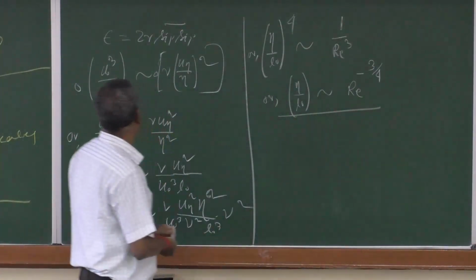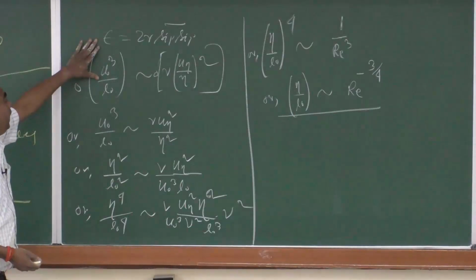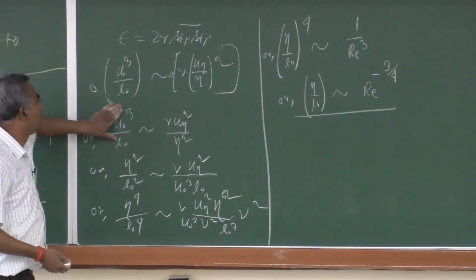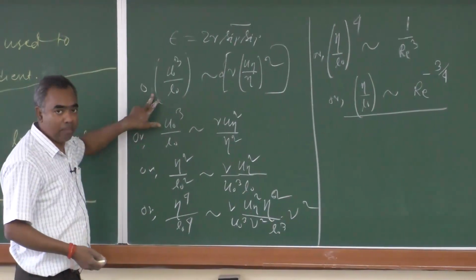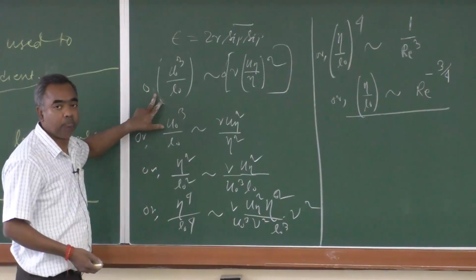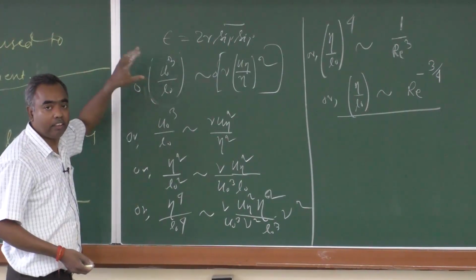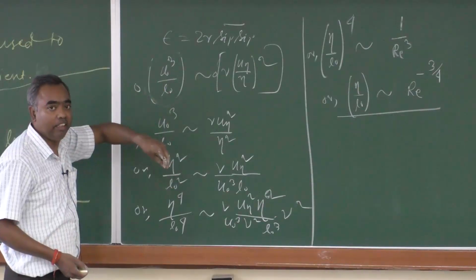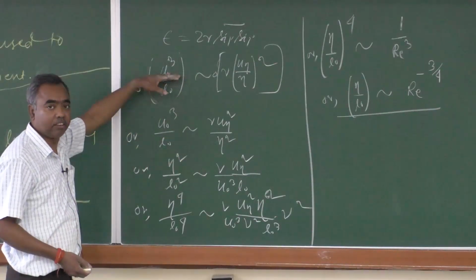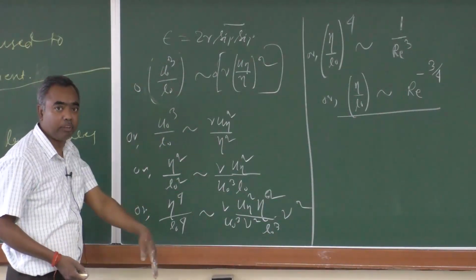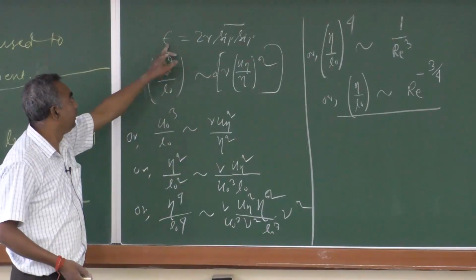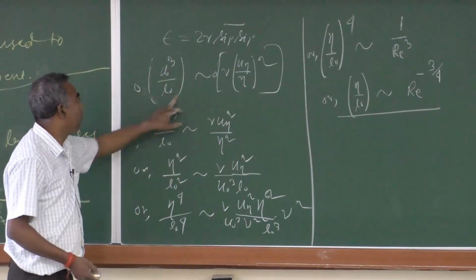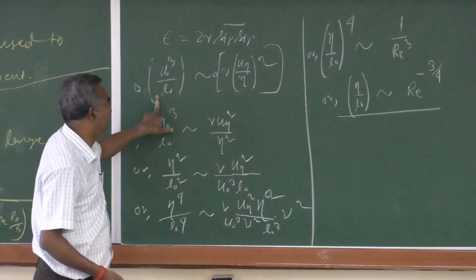Because why? The rate of dissipation can be replaced with this, because what we said is that the energy which is entering at the larger scale, that rate is fixed, and at the same rate it is going to be dissipated. So, this epsilon can be estimated by this expression.